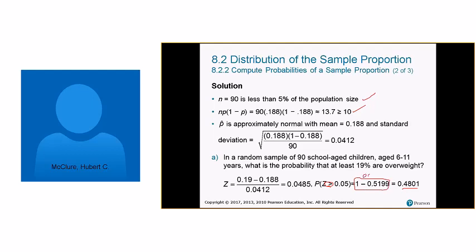That's if you have an old calculator. If you have a new calculator, you do the z-score to 9999, and you should get 0.4801. And we'll do some more of this come chapter 9 and 10.